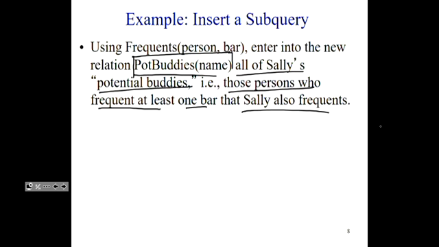Okay, so the first part of this is straightforward. So I would do insert into PotBuddies, name, and then now is where I list out the subquery, right? So what is my subquery going to look like?